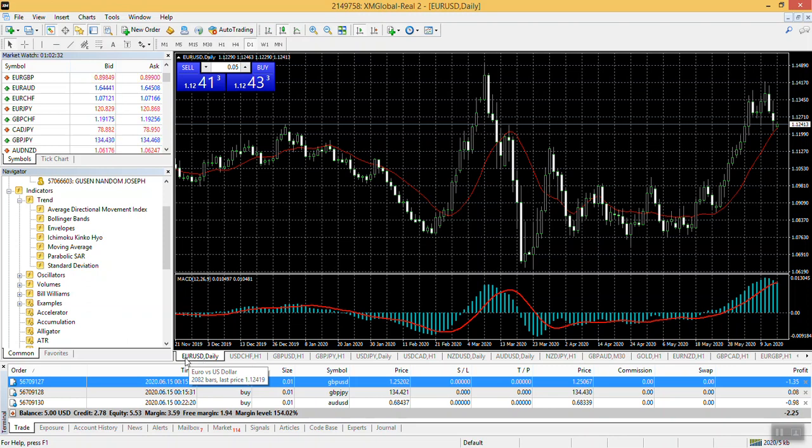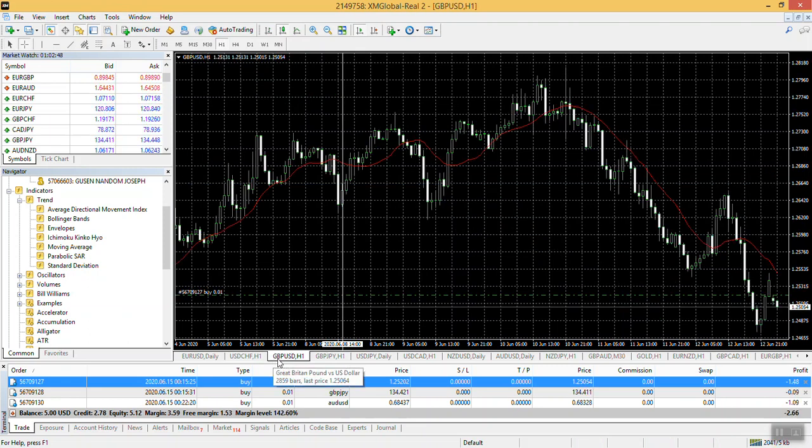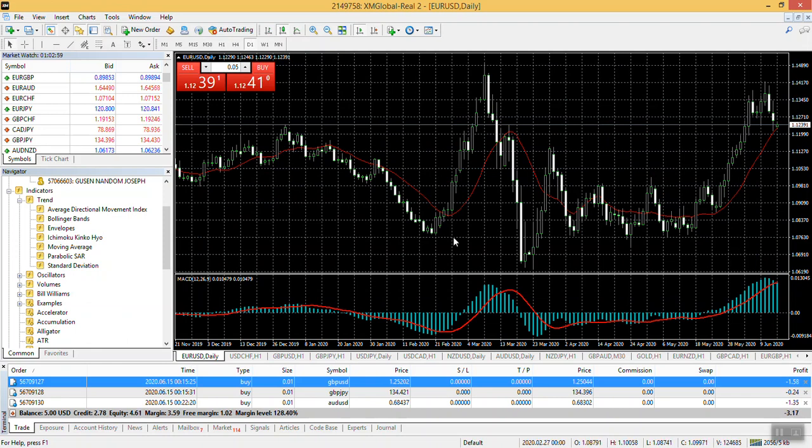The major currency here is Euro and the minor currency here is the USD. If you pick this, the major currency here is USD and the minor currency here is the Swiss franc CHF. In this, the major currency here is the British pound and the minor currency here is what? The United States dollar.